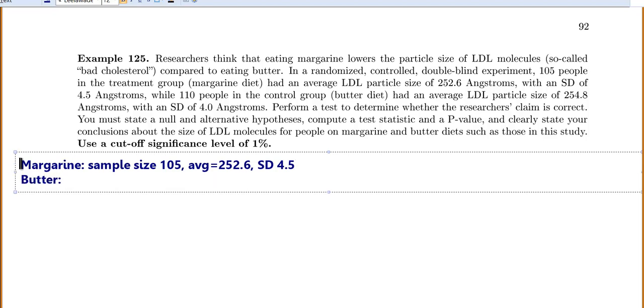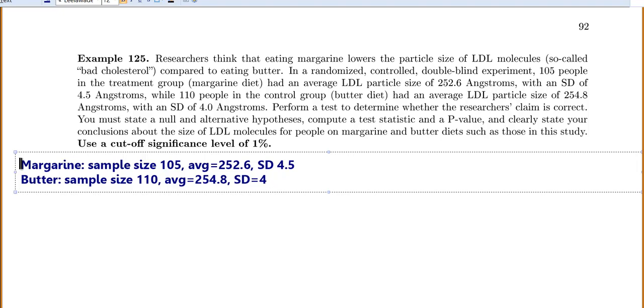The butter diet people have a sample size of 110, an average of 254.8 and an SD of 4.